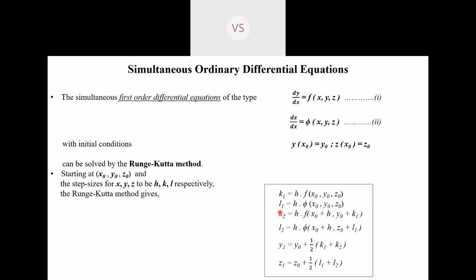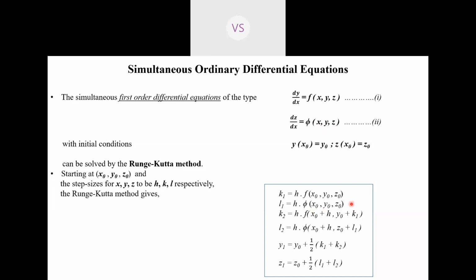Why do we have to consider this? Because we are having two different functions. When you are finding the value of L1, L1 is equal to h into phi. You can see over here in this function, another function will be given to you. In this function you have to replace the values of x, y, z by x0, y0 and z0. In this way you have to obtain the values of k1 and L1 first.